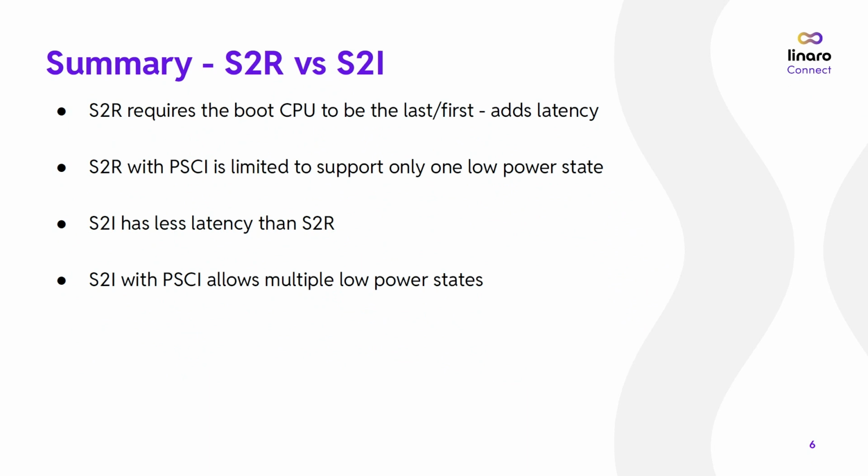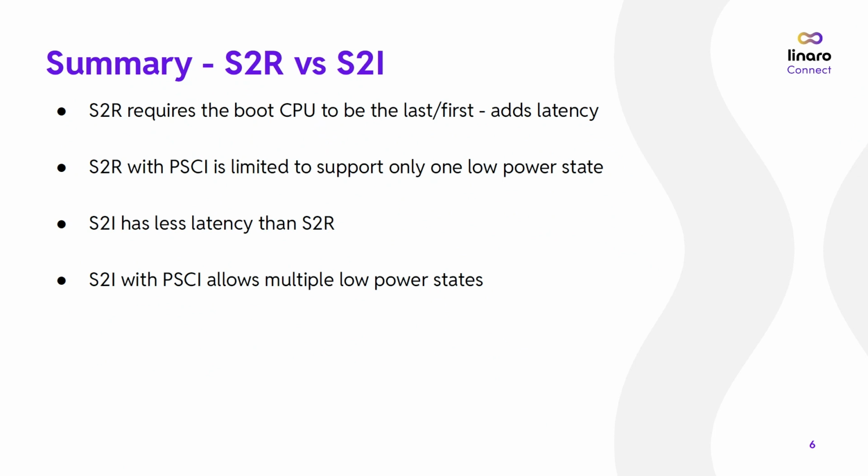There's also another observation for PCI. Per the interpretation of the spec, there is only one state available for Suspend-To-Ram. You could maybe extend the spec to add more, but this is the way it is today. With Suspend-To-Idle, we have less latency because we don't have to deal with this last boot CPU thing.